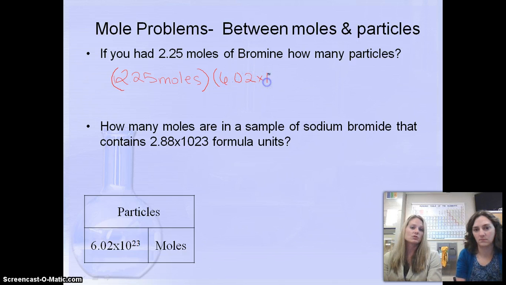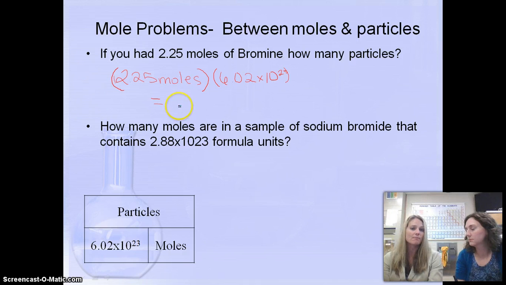So we're going to take the 2.25 moles times the 6.02 times 10 to the 23rd, and that will take on whatever label you need: the atom, the ion, the formula unit, or the molecule. In this case, since we're talking about bromine, and bromine's a halogen, it can't stay by itself, so we would have Br2, which is a diatomic molecule. We're going to find molecules.